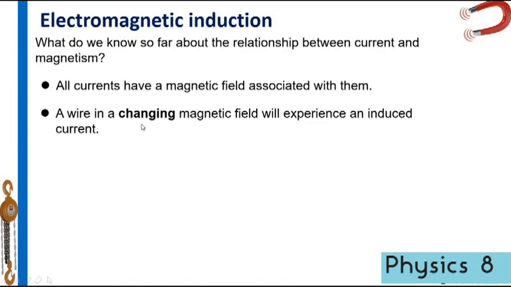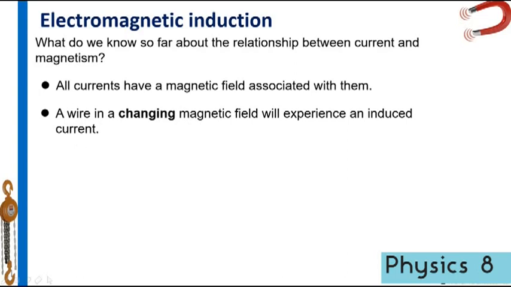If you have a magnetic field which is changing, that means it is changing in intensity, or the magnetic field is moving in some way, then if you place a wire in that moving or changing magnetic field, a current will flow through the wire.